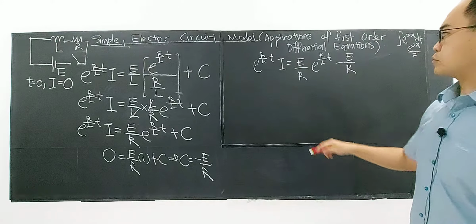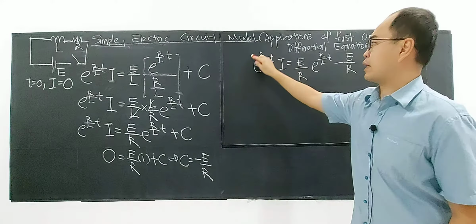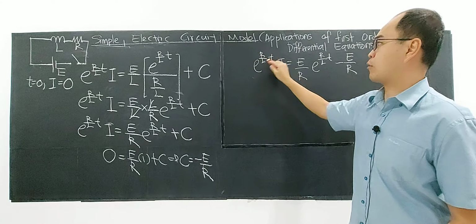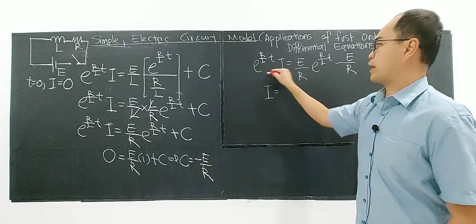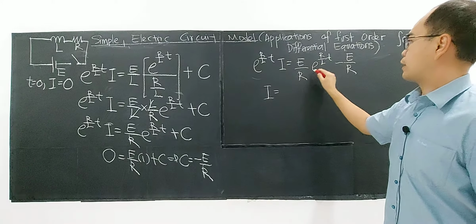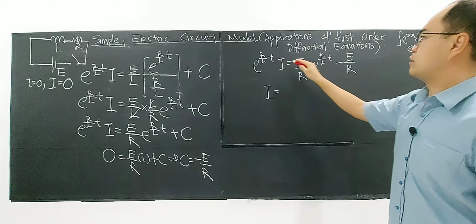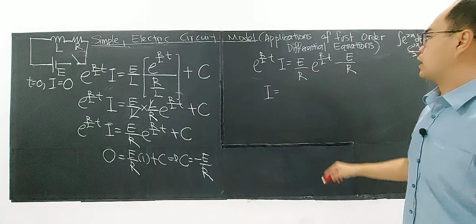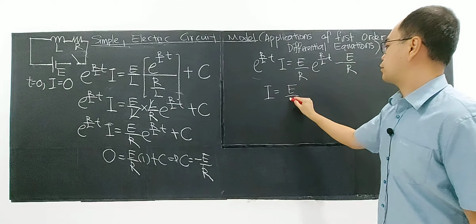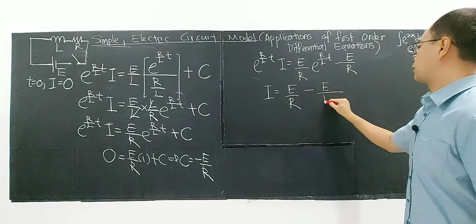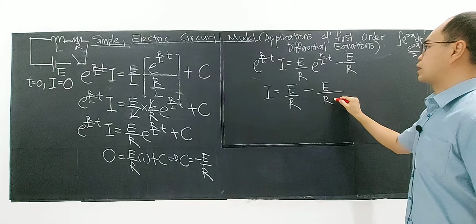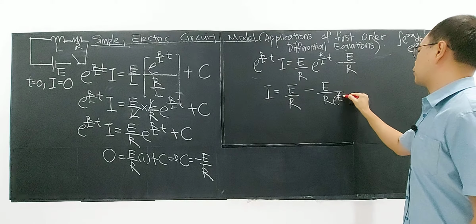And I can divide everything by e to the power of R/L t. So I divide by e^(R/L t) and I'm getting i. And for this, dividing by e^(R/L t), I will get just E/R minus E/R divided by e^(R/L t).